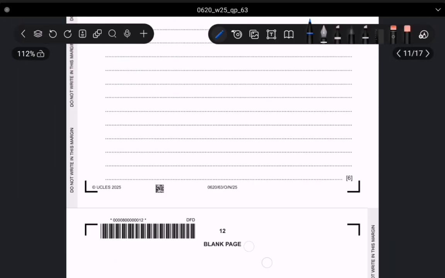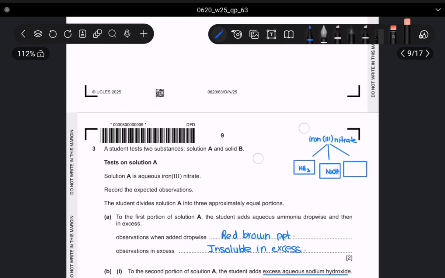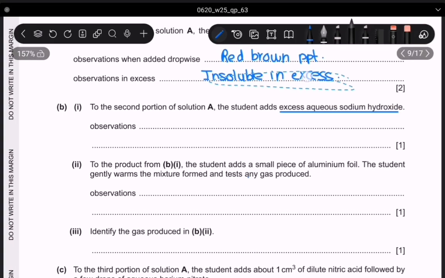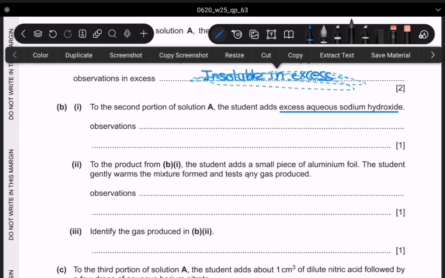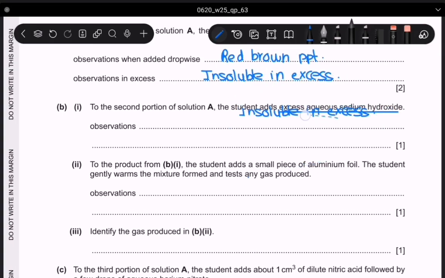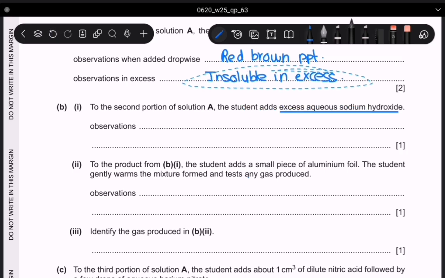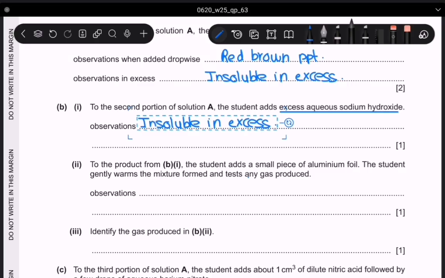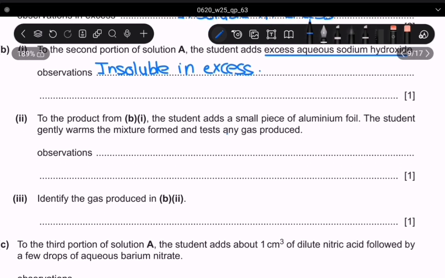So I'm just going to repeat the same part and write it down. Insoluble in excess.